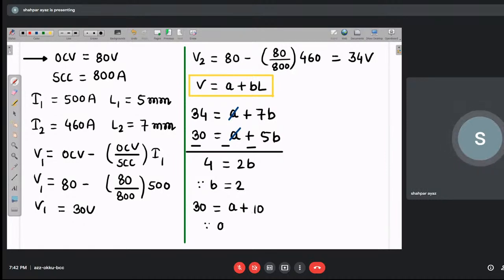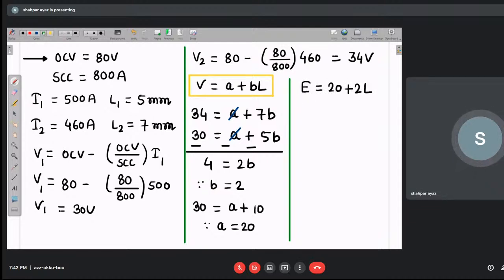A is equal to 20. Therefore, E is equal to 20 plus 2L. This is the final answer.